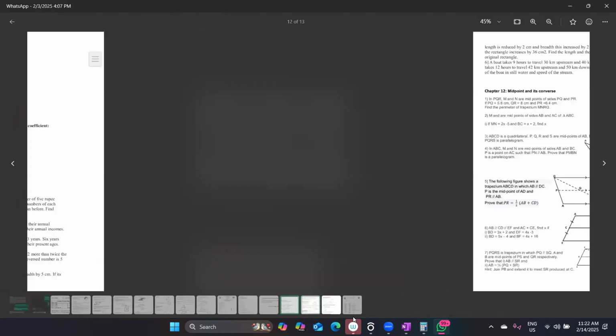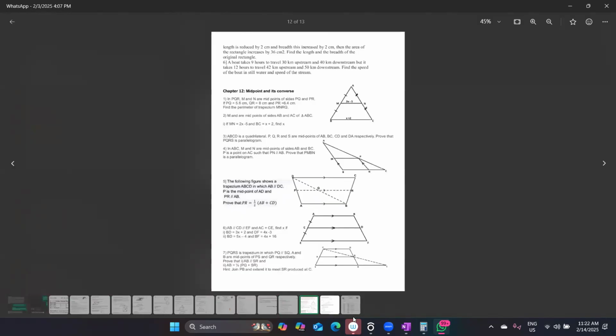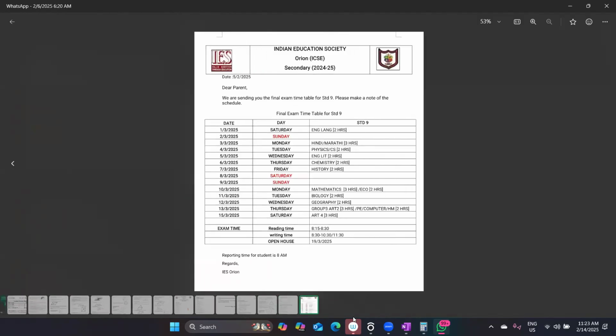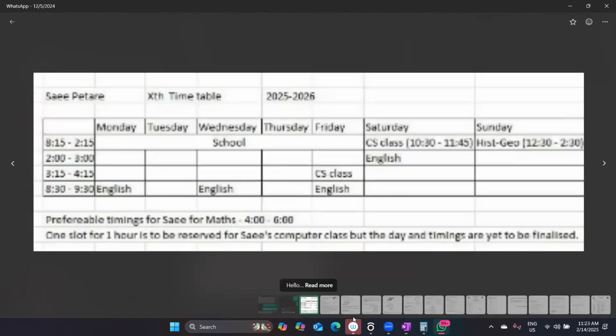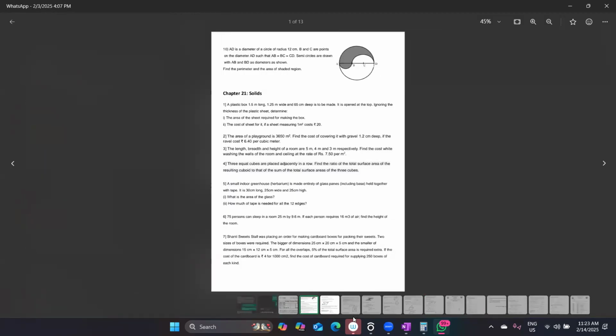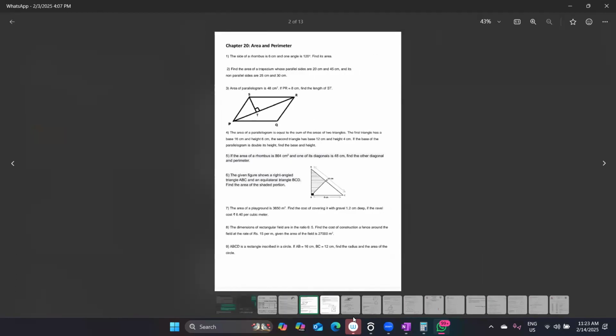Simultaneous equations. Midpoint. Area and perimeter?